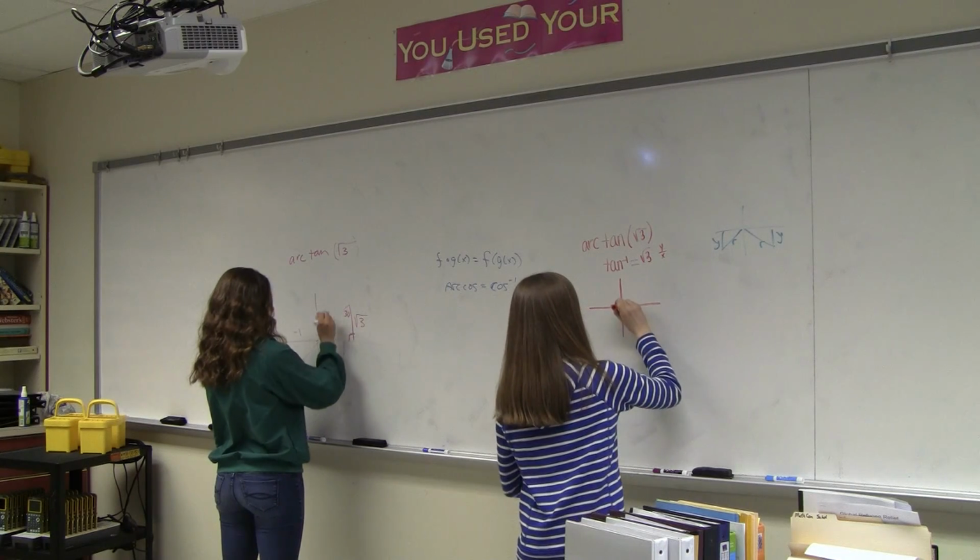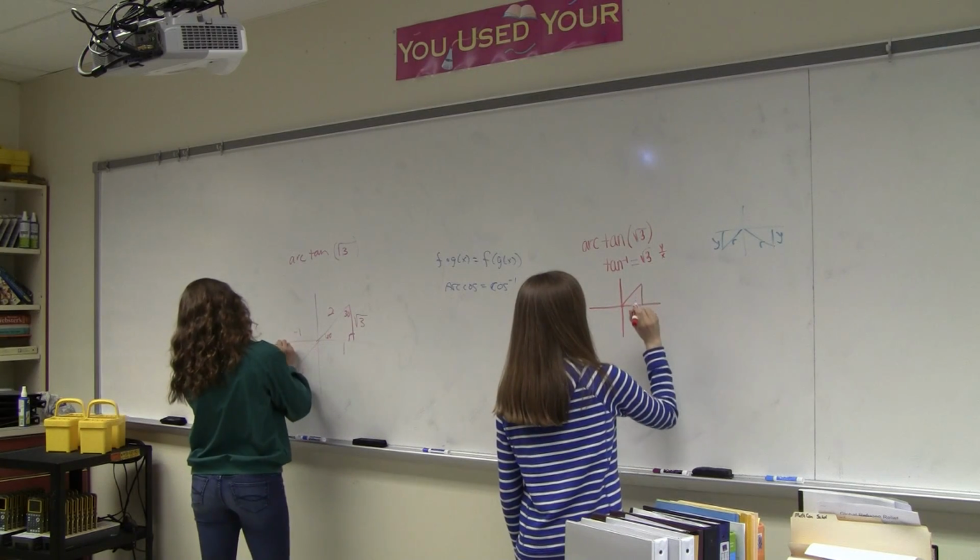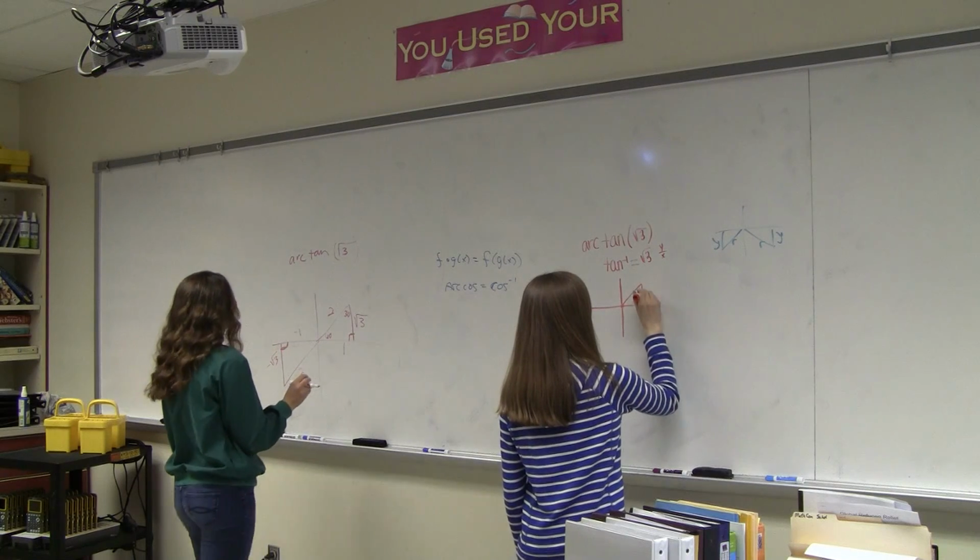The inverse tangent of root 3, that means the angle whose tangent ratio is root 3 over 1.